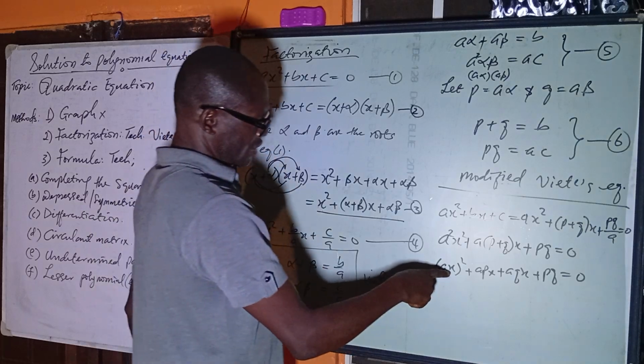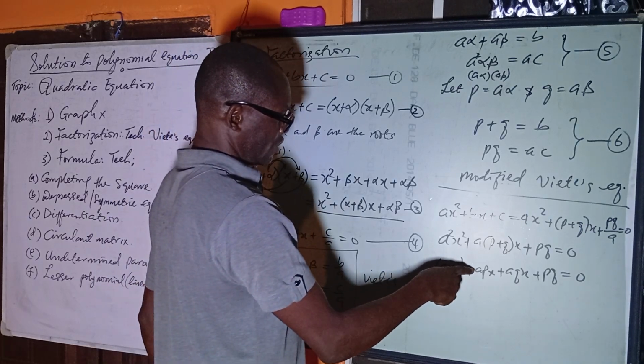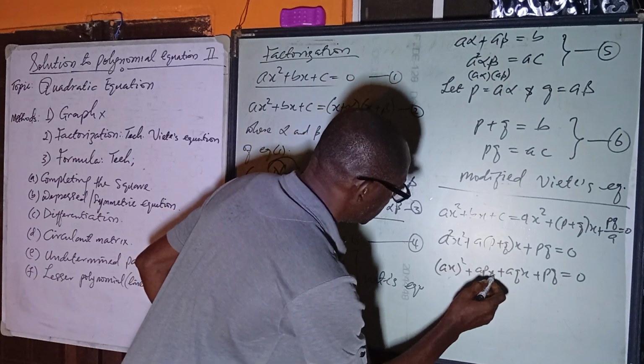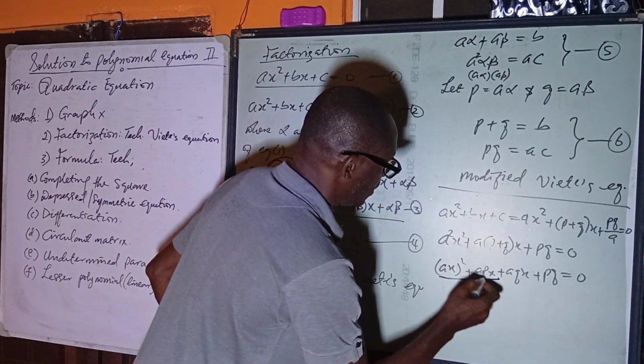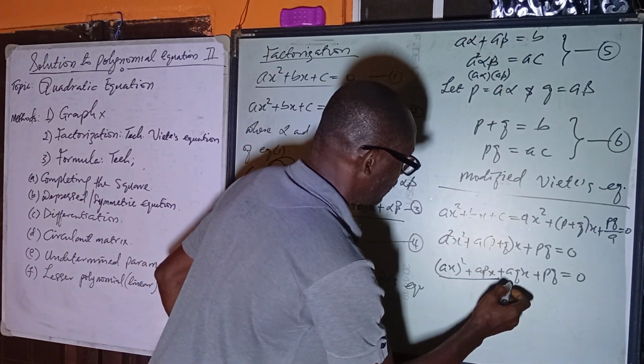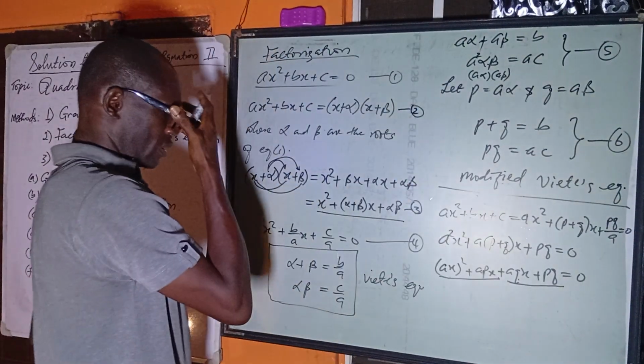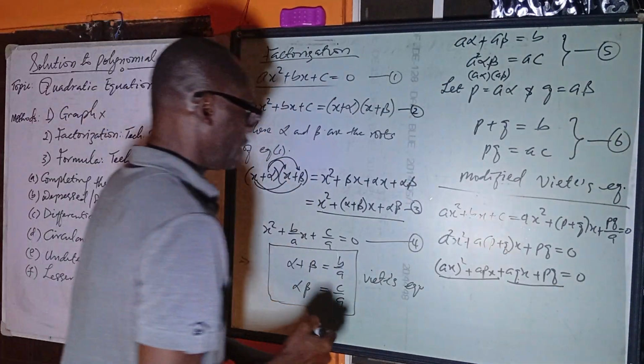Of course, ax is common in the first two terms, and q is common in the last two, so we can collect them in pairs.